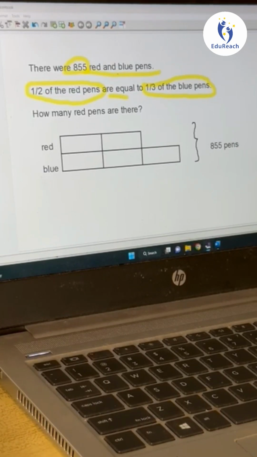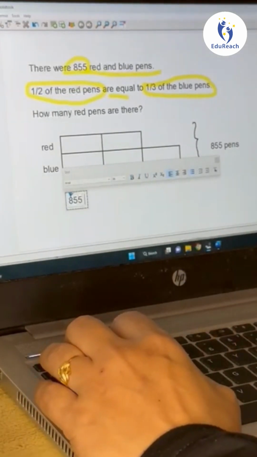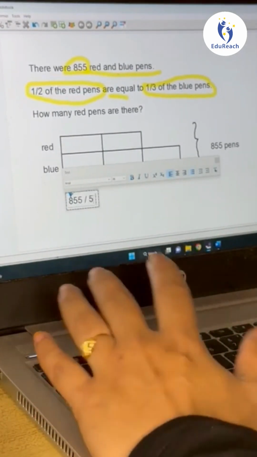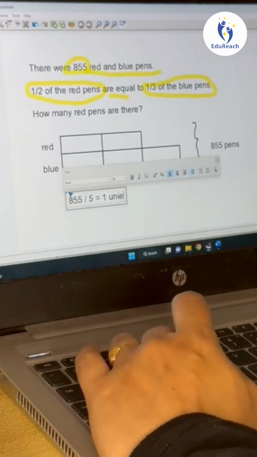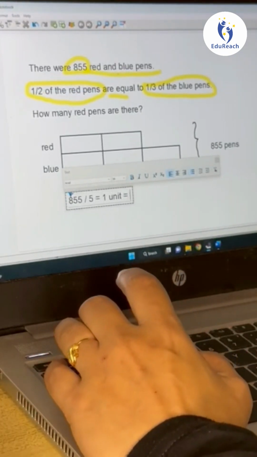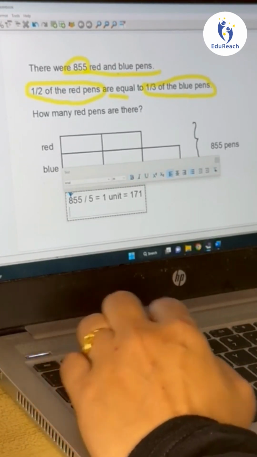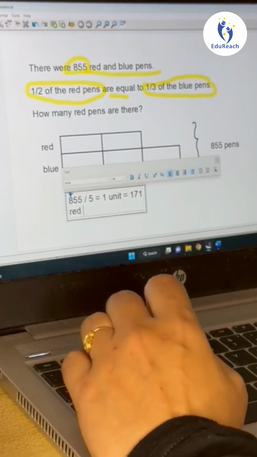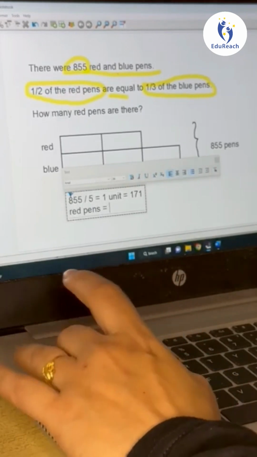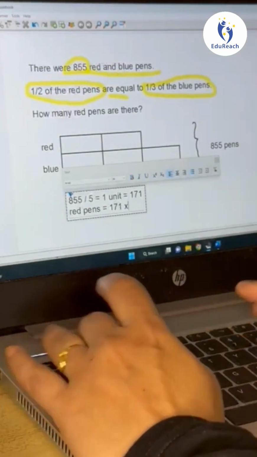So what do we need to do? So 855 divided by 5 is equal to 1 unit, which is equal to 171.